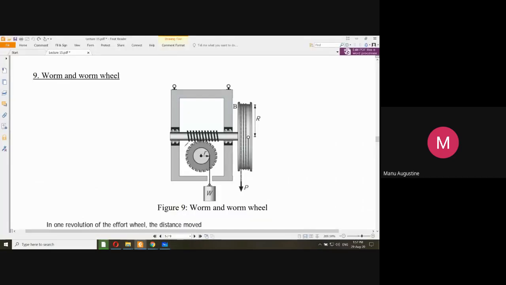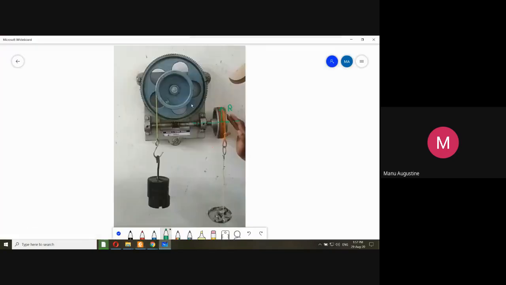Now let us go back to the image. This is connected with the shaft and this is the worm. The worm is in mesh with the worm wheel or the gear, and on the gear a pulley is attached. See, this pulley is this one. This is the pulley that is shown.